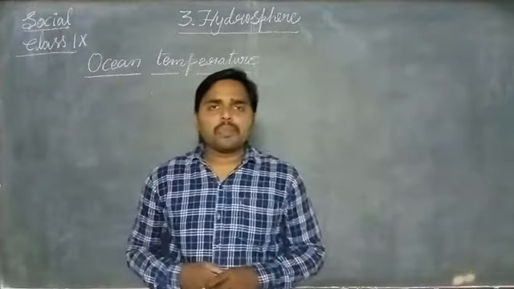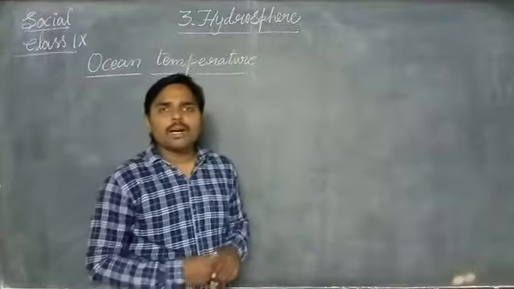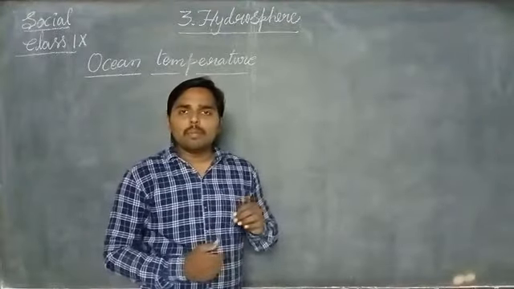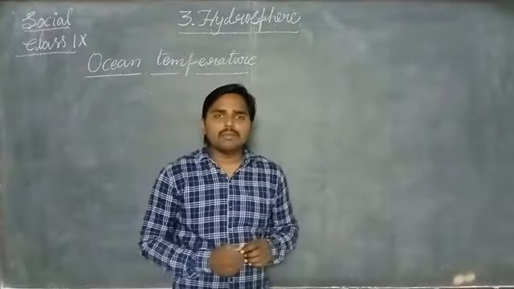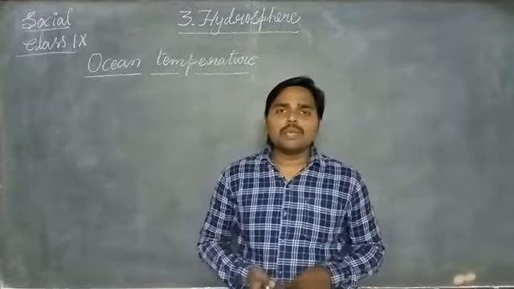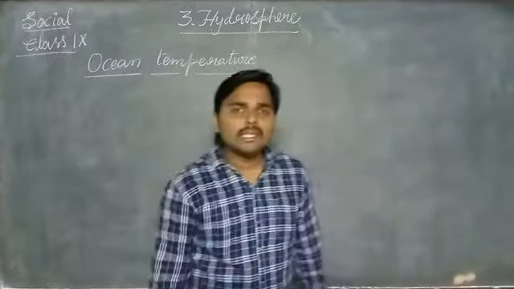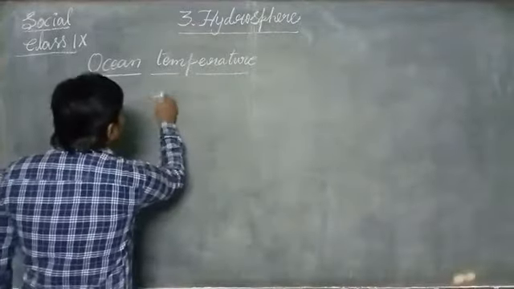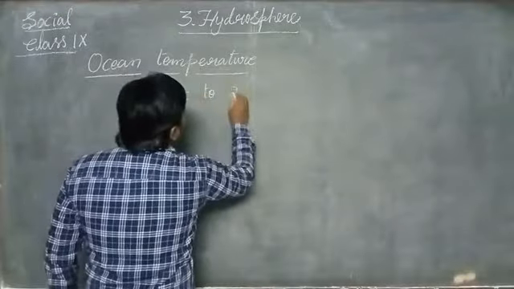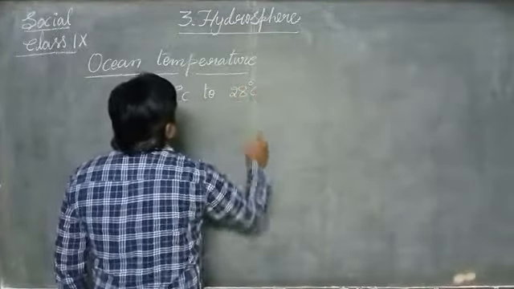In this way, with the help of the land and water relationship, we can say there is not much variation in the temperature of oceans. Generally the temperature of oceans varies from -2 degrees Celsius to 28 degrees Celsius.